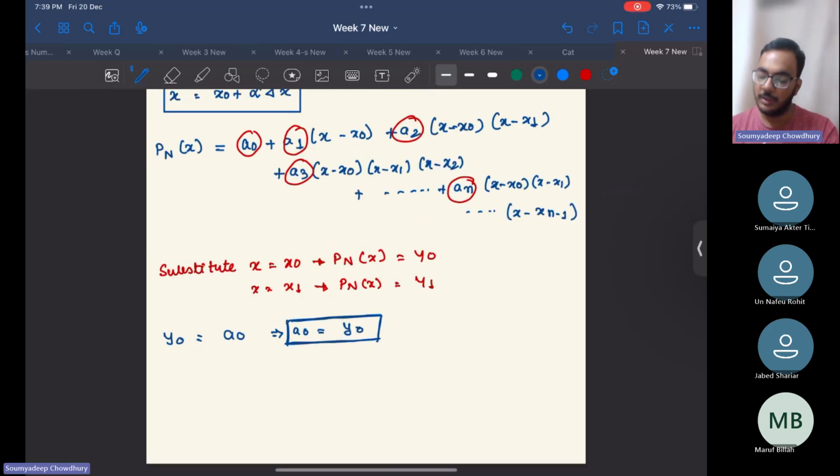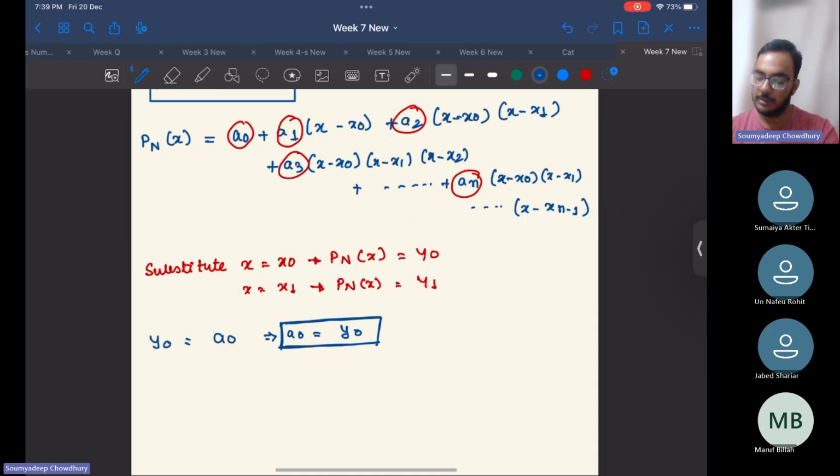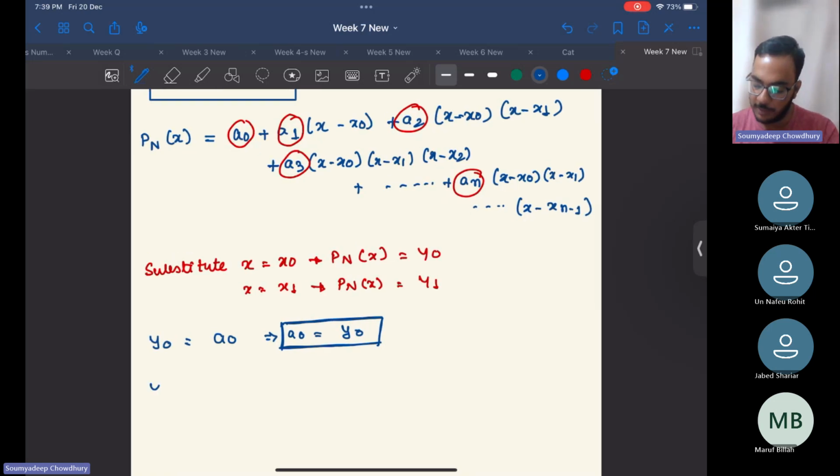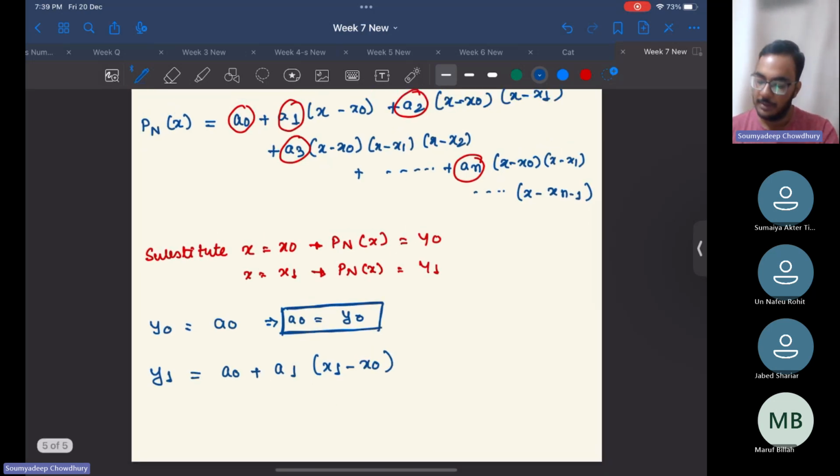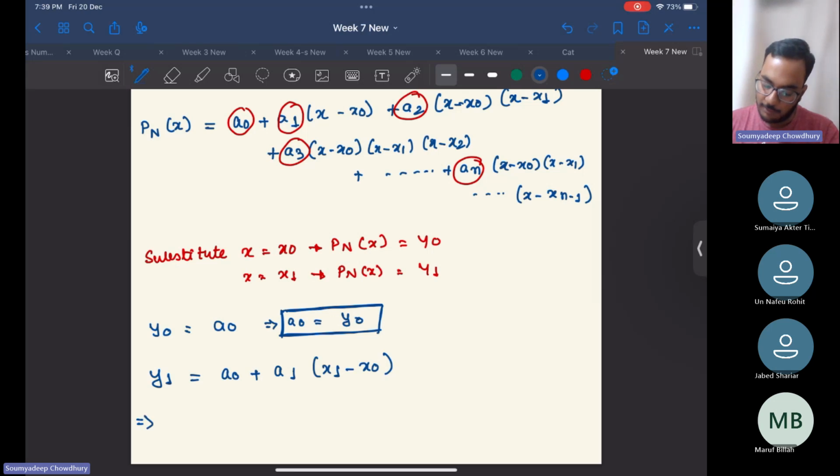Now you substitute the next one, that is x equals to x1. Then y will be equal to y1. So y1 equals to a naught plus a1 into x1 minus x naught, and all other terms will be 0 because we have x minus x1 there. From this we can find out a1. Again a naught is y naught, we can substitute that: a1 is y1 minus y0 by x1 minus x0.